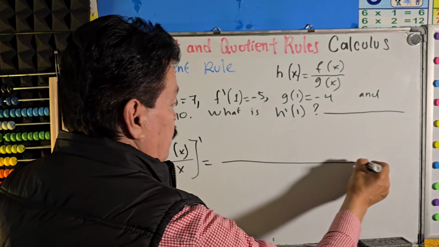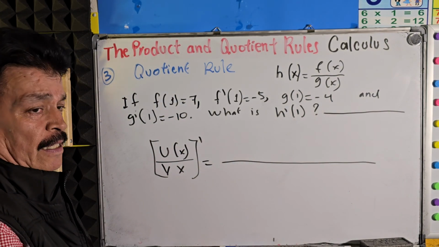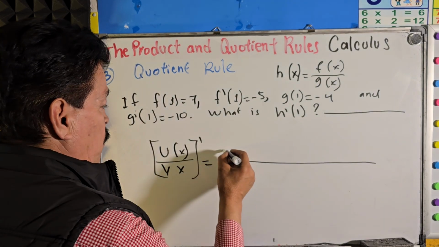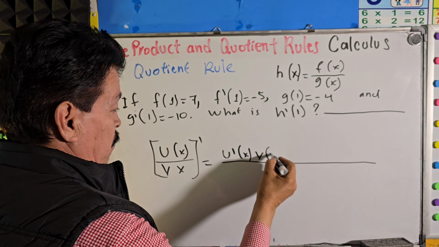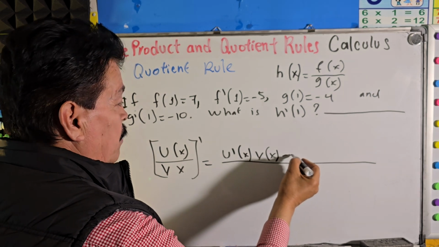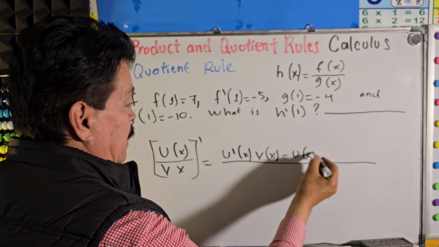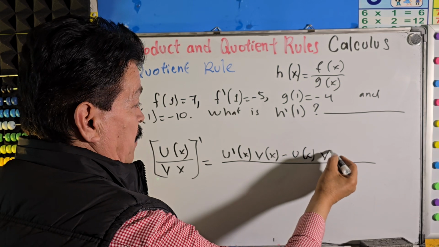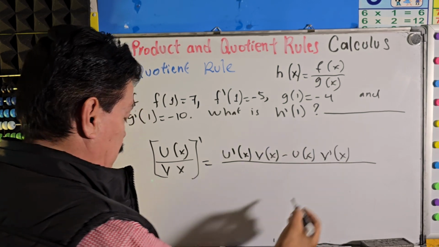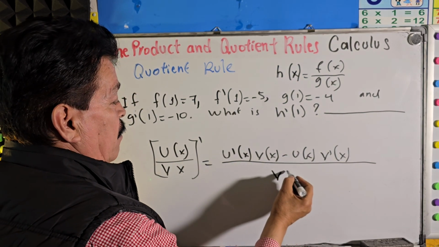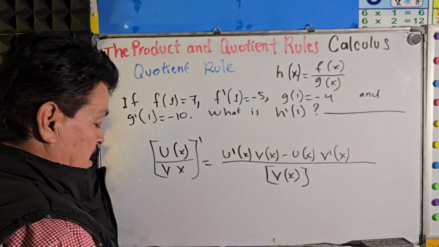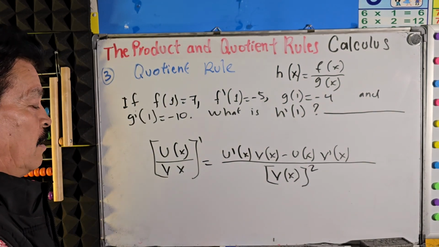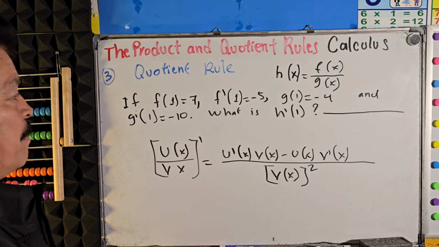This is our formula: u prime of x times b of x minus u of x times b prime of x, divided by b of x to the second power. That is the main idea.